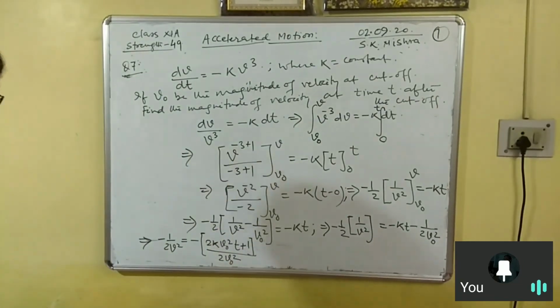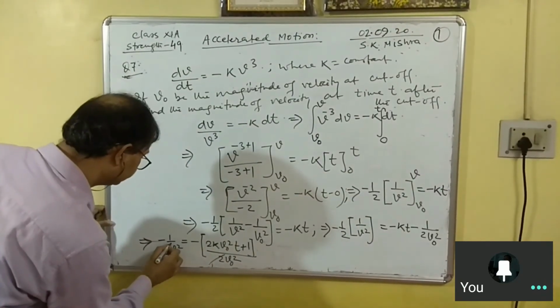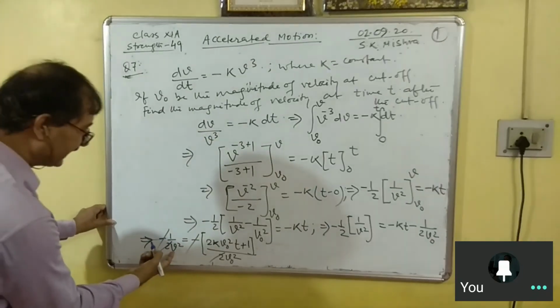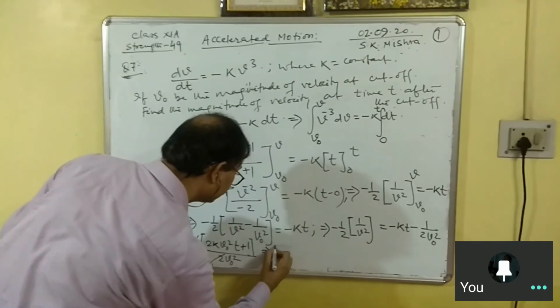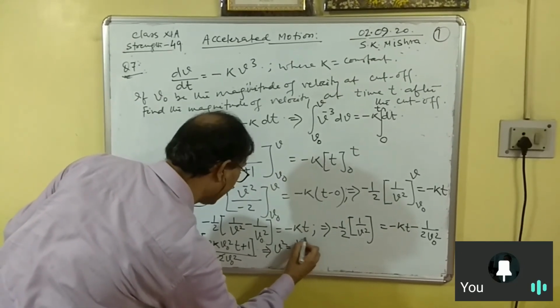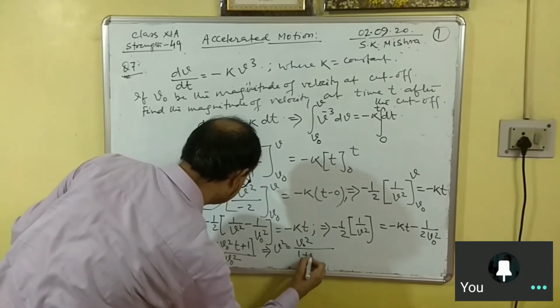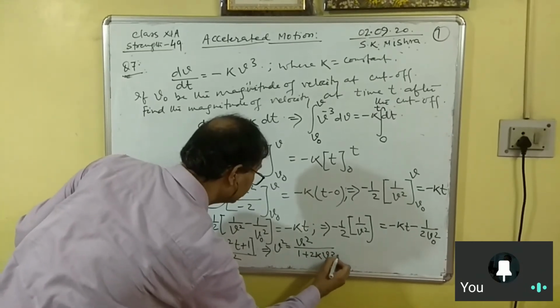After taking the LCM, just cancel this 2 with this 2, minus with this minus, and then take the reciprocal. You will get v square. So this implies v square is equal to v naught square divided by 1 plus 2 k v naught square t.